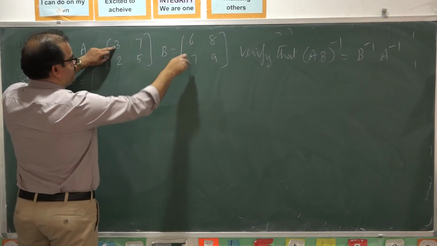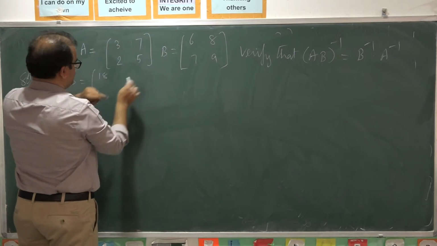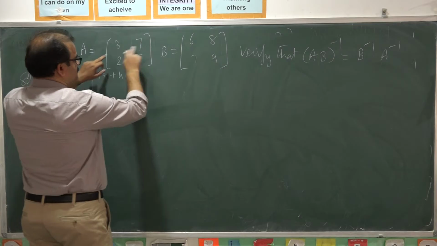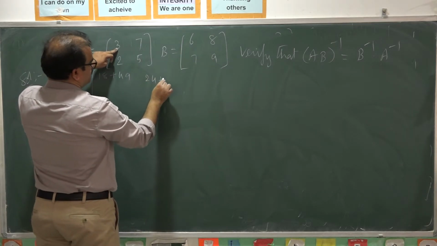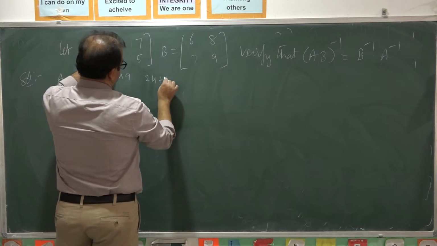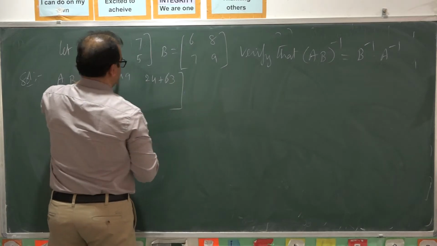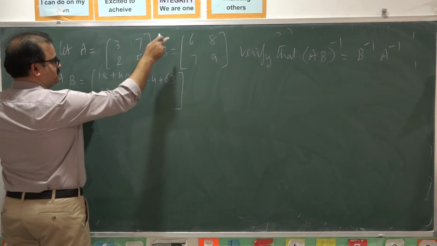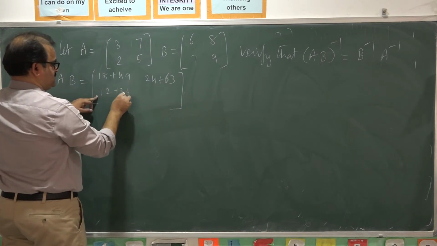Take first row and first column. 3 into 6, 18. 7 into 7, that's 49. Take first row, second column: 24 plus 63. Next, first row, second column: 2 into 6, 12, plus 35.